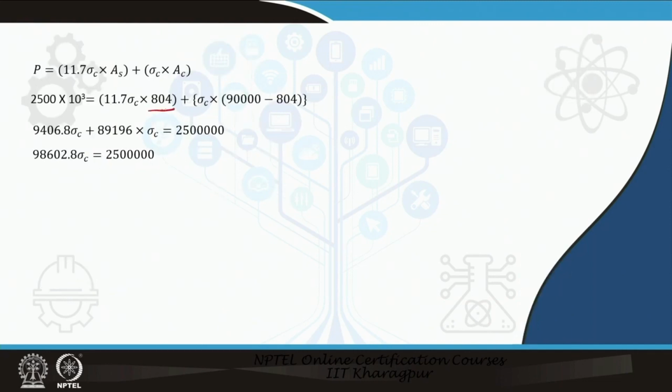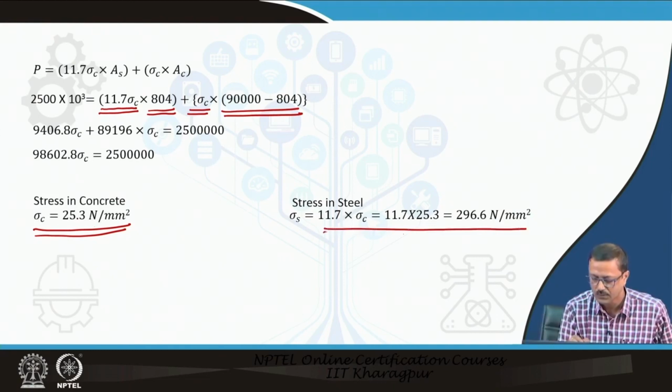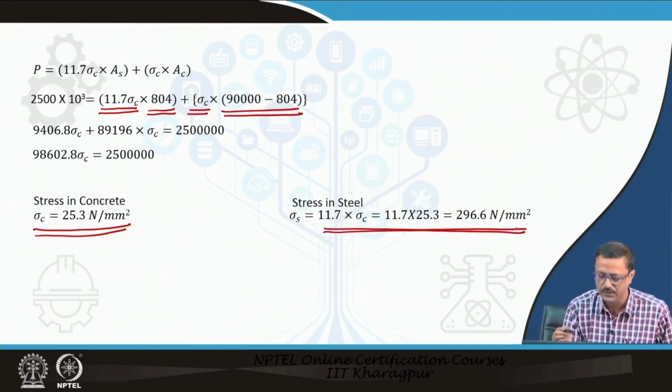This 804 is the area of steel, and this is the area of concrete, and 11.7 sigma_c is the proportionate stress in steel, and sigma_c is the stress in concrete. So, finally, I can find the stress in concrete, and 11.7 times that will be the stress in steel, because the modular ratio is 11.7.